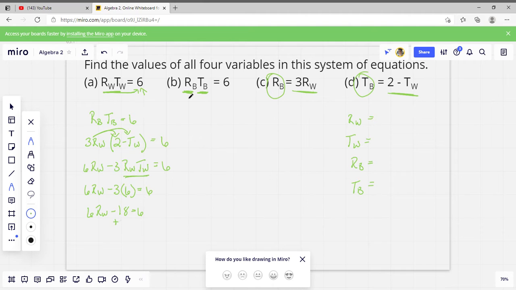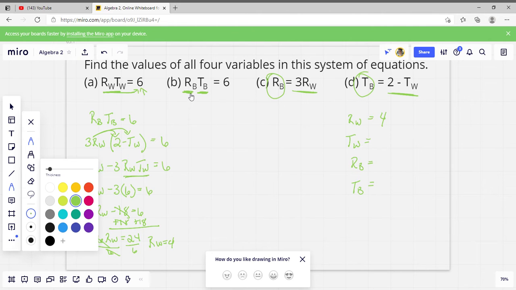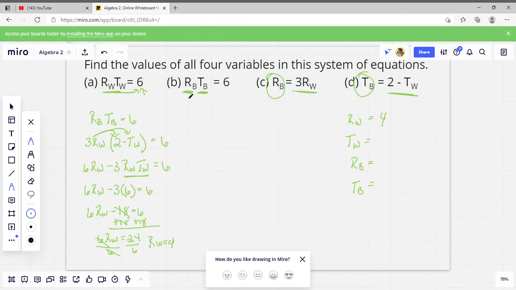Now I'm going to add 18 to both sides. 6RW equals, that would be 24. Divide by 6. And RW equals, 6 times 4 is 24, so that one's 4. Now we can use that value to substitute into one of these other problems to figure out another variable.